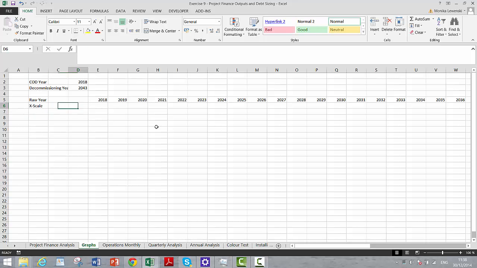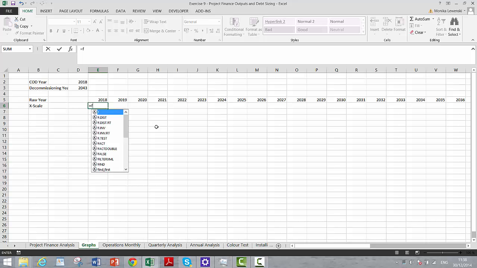And for the X scale, we'll put equal if this is less than, how about less than or equal to the decommissioning year, then we'll just take the year. Otherwise, we'll take equal NA, open close brackets.